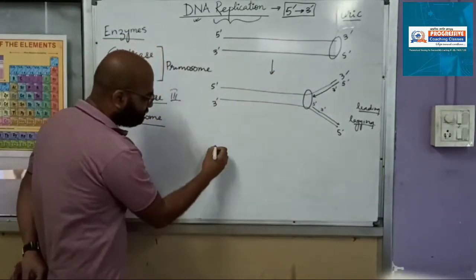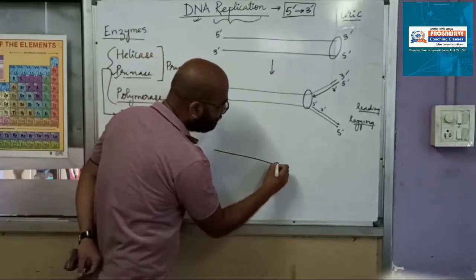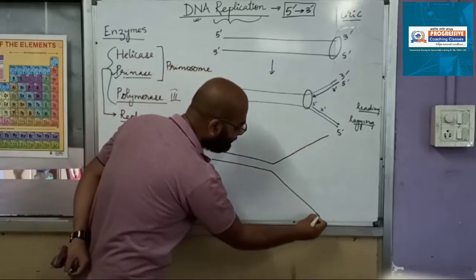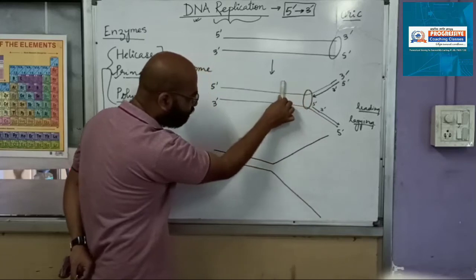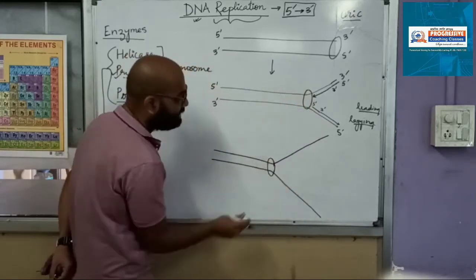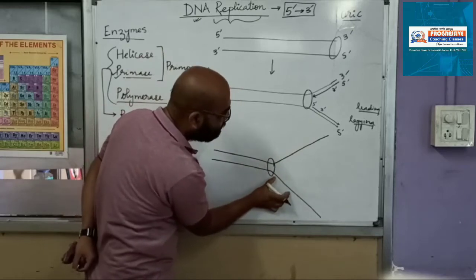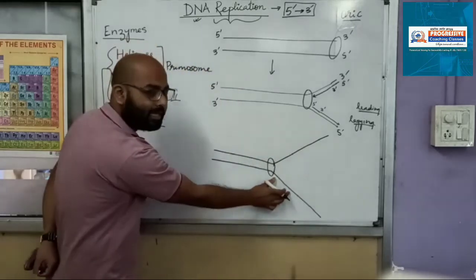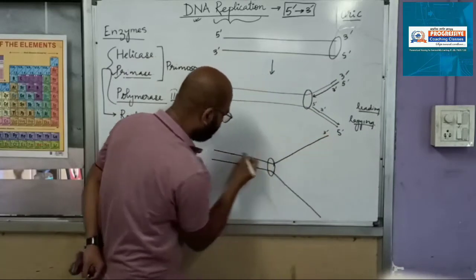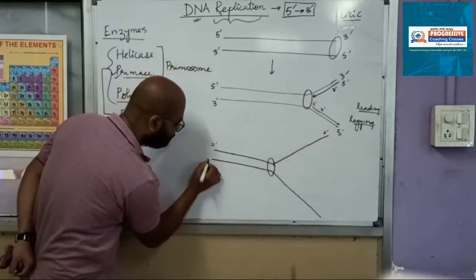As soon as the helicase enzyme moves forward in this direction, a longer stretch of DNA will be opened up for the process of replication. So what was the previous scenario? We are going to draw that first.